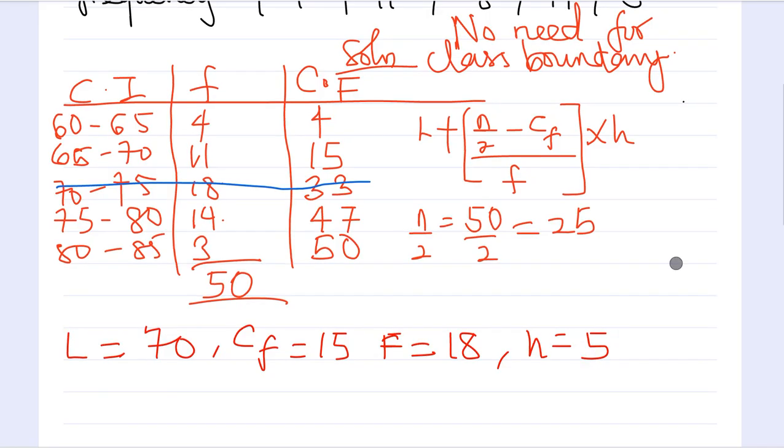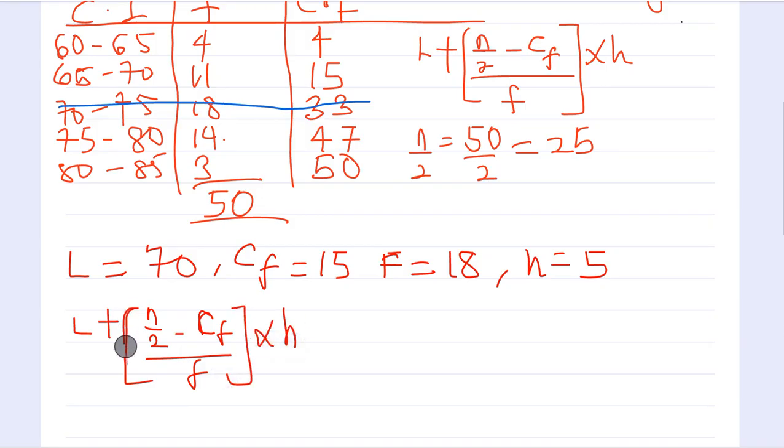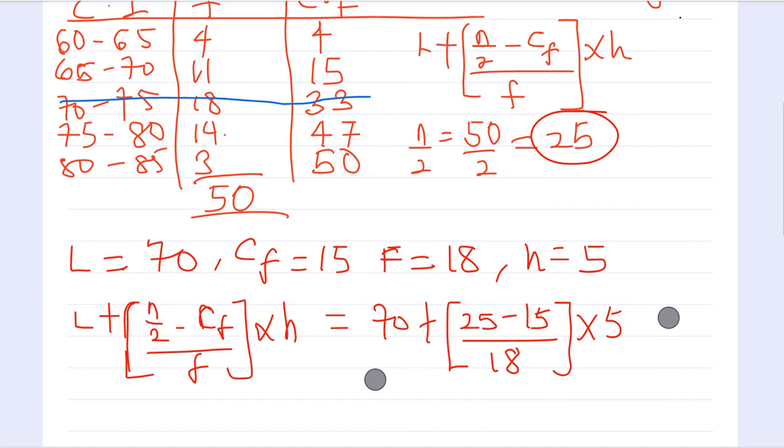So let's finish it up by putting it into our formula: L plus, open bracket n over 2 minus CF, divided by F, then multiply by H. That gives us 70 plus, open bracket, n over 2 which is 25, minus CF which is 15, over 18 which is F, then multiply by 5.